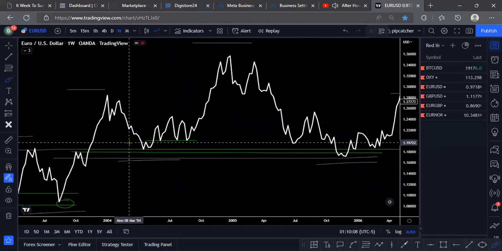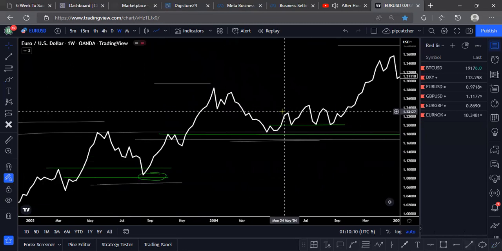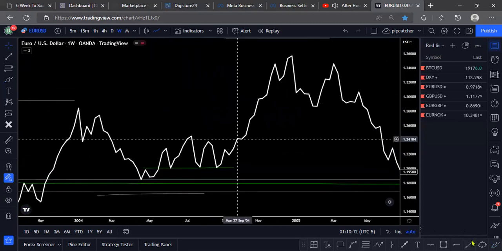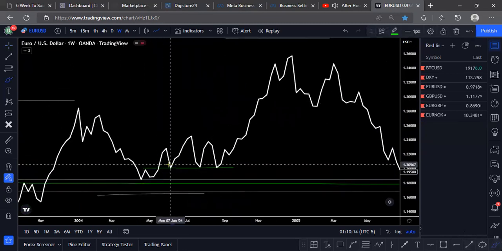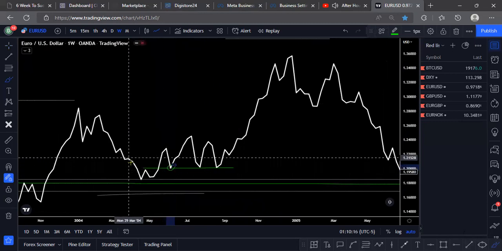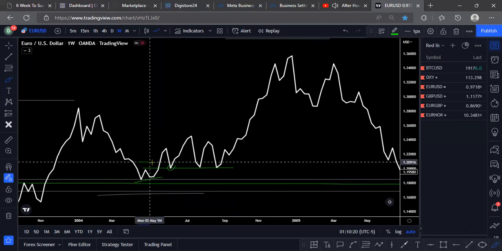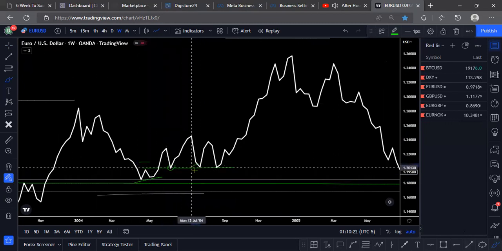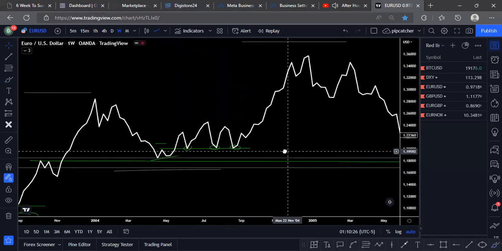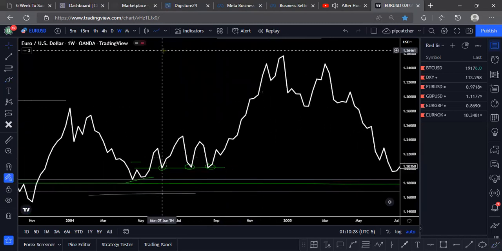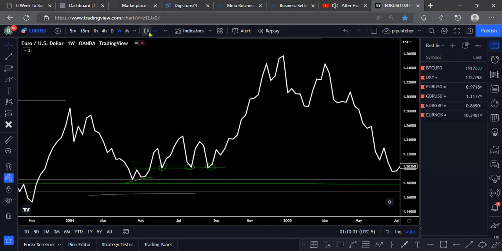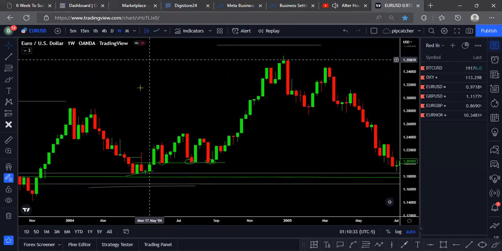Now, off of that higher area, from that monthly point of interest, we see a shift in market structure right here, a break in structure here, and then we have very clean rejections here on the weekly time frame. And let's not fool ourselves.